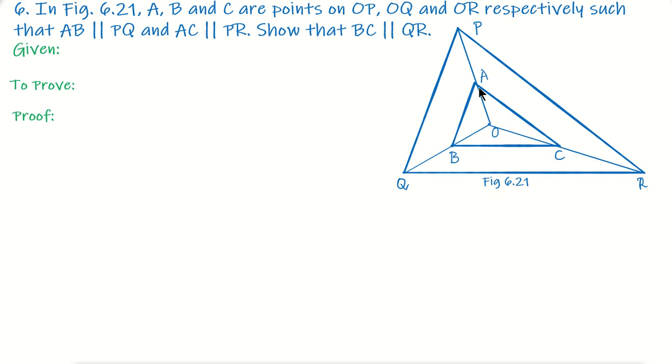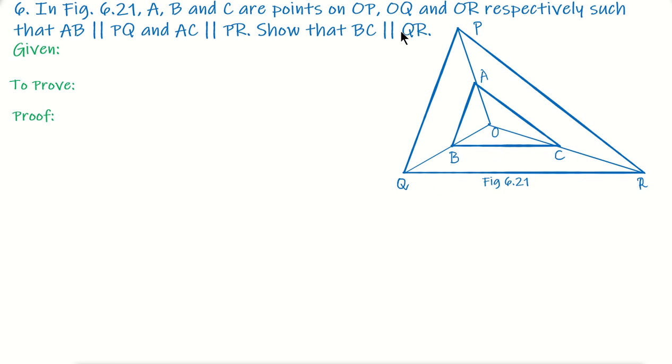Only the difference is again இந்த OP, OQ, OR linesல A, B, C அப்படிங்கிற point mark பண்ணி அதை join பண்ணி triangle ABC அப்படிங்கிறது கிடைச்சிருக்கு. ஓகேவா? So in these triangles, that is smaller triangle POQ ல AB parallel to PQ, like the same in triangle POR, AC parallel to PR. We have to prove BC is parallel to the third side QR.